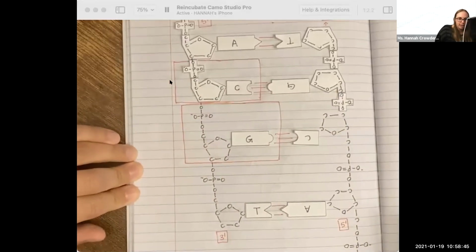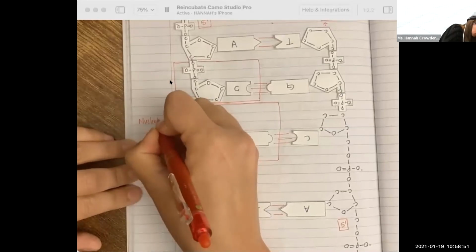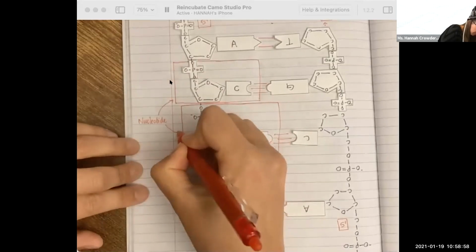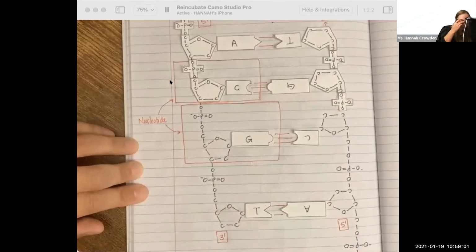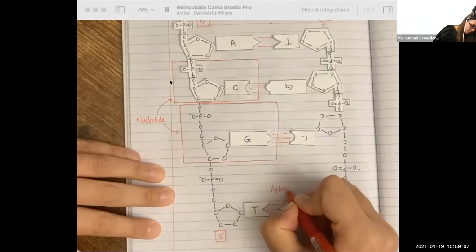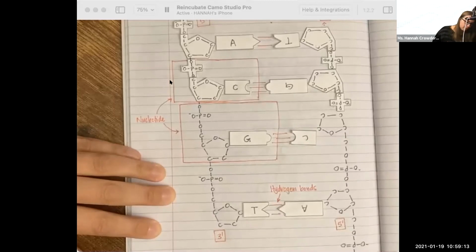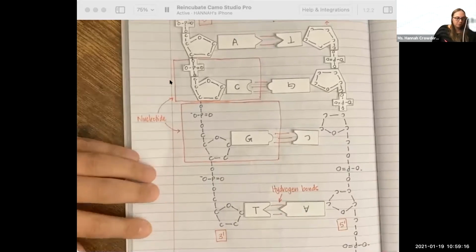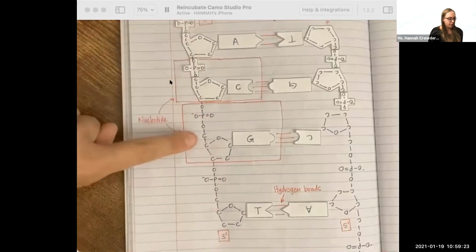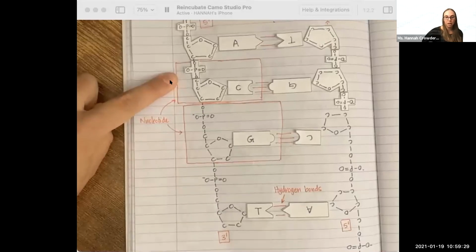Sugar, phosphate, and nitrogenous base. These make up a nucleotide. A little more labeling. We've got some hydrogen bonds. And so a strand of DNA is made up of nucleotides. Are we okay with this so far?